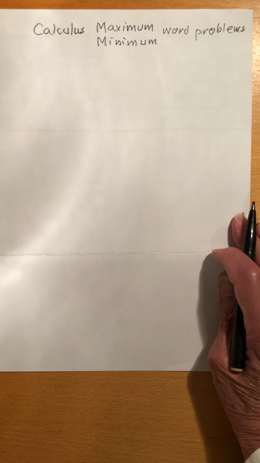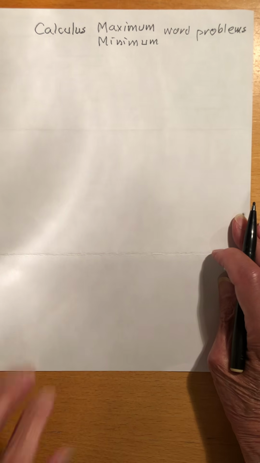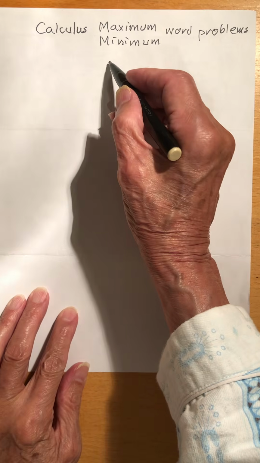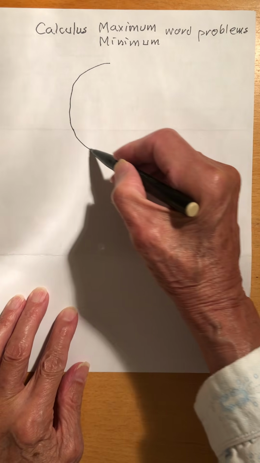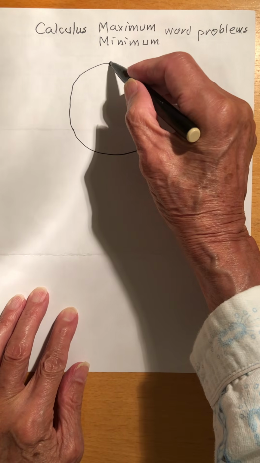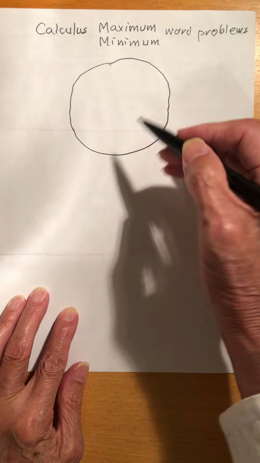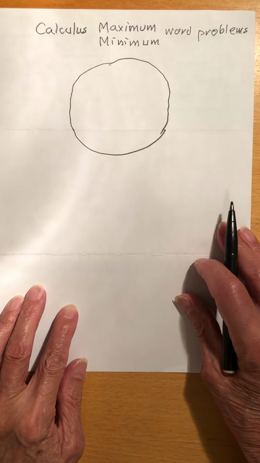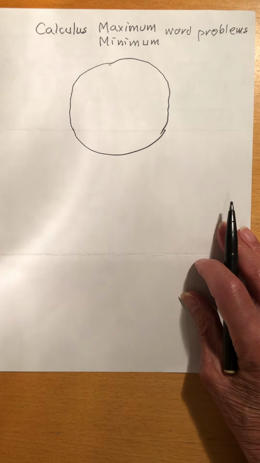completely. So this example is that I have a circle, and I want to draw a rectangle inside the circle.